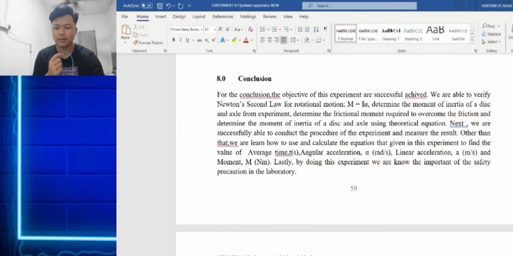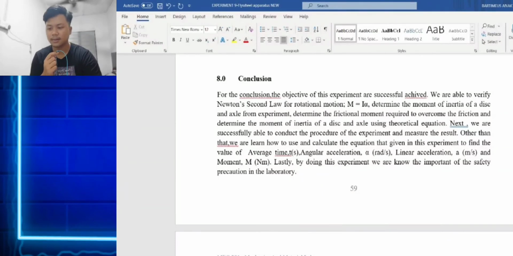Determine the moment of inertia of a disk and axle from experiment. Determine the frictional moment required to overcome the friction, and determine the moment of inertia of a disk and axle using theoretical equations. Next, we are successfully able to conduct the procedure of the experiment and measure the result.